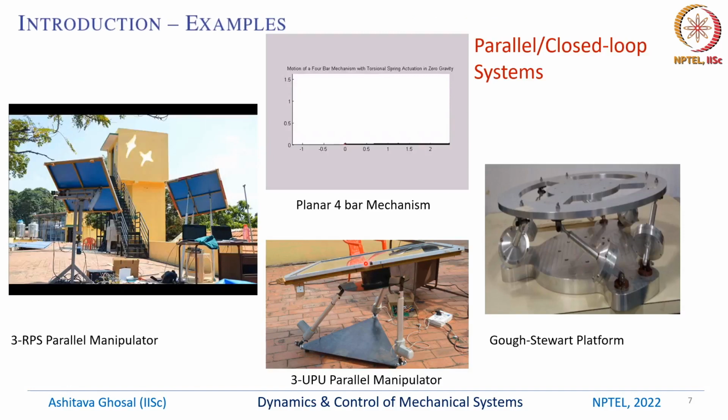Let's continue with some examples of parallel or closed loop systems. This example, which I'm going to show you, is a very well-known 3 RPS parallel manipulator. Just to give a little bit of background, this parallel manipulator is used to track the sun.